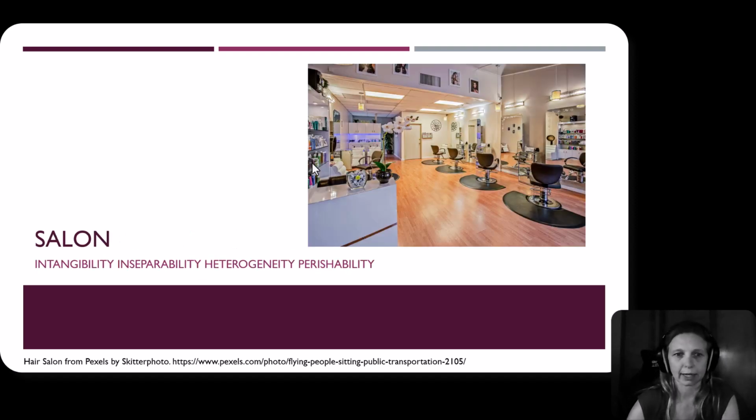So going back to our example of the salon, it's intangible. It's a haircut. You can touch your hair, you can touch the scissors, but the service itself is taking your hair from one state into another state. And so while you can physically touch your hair or your haircut, it's not really the same.